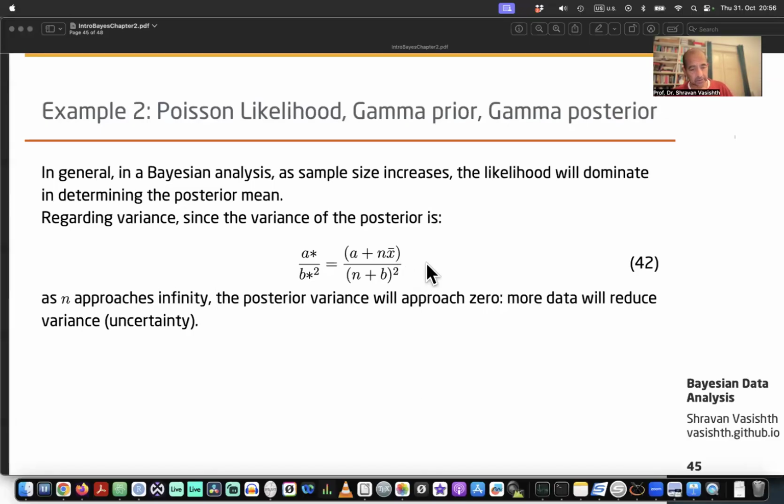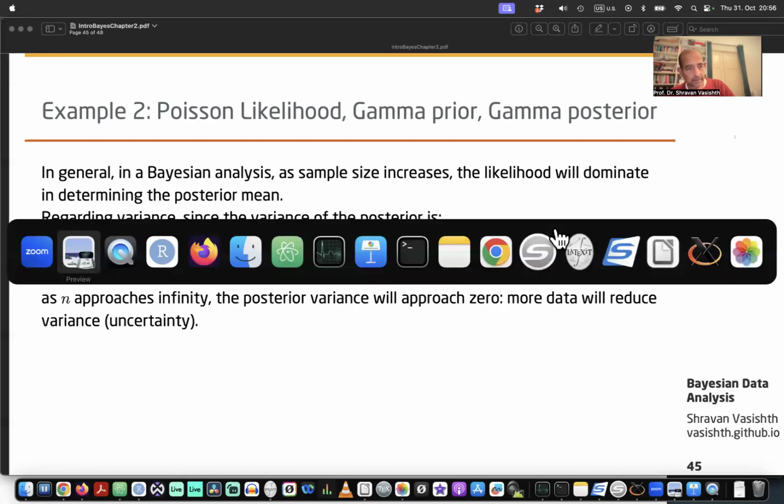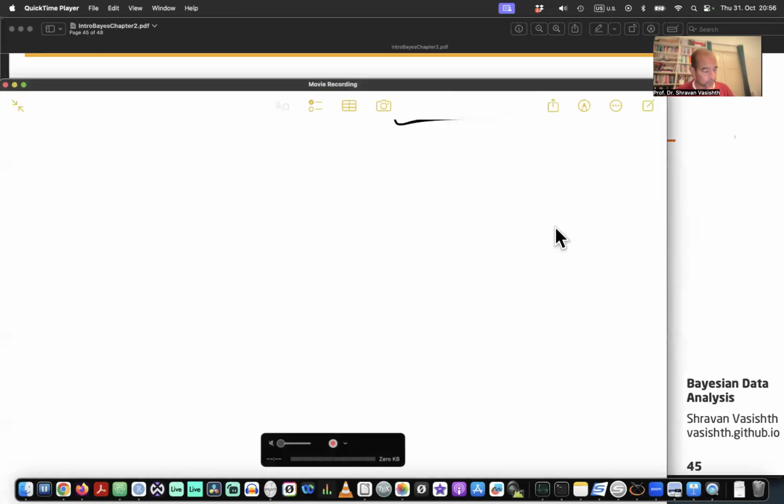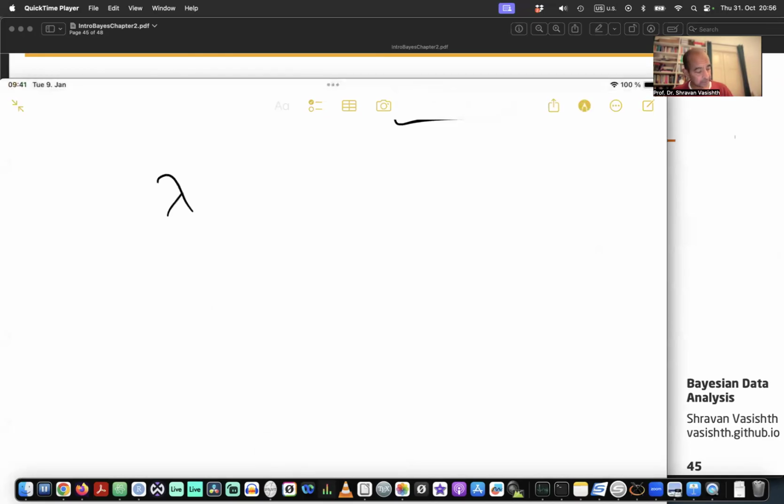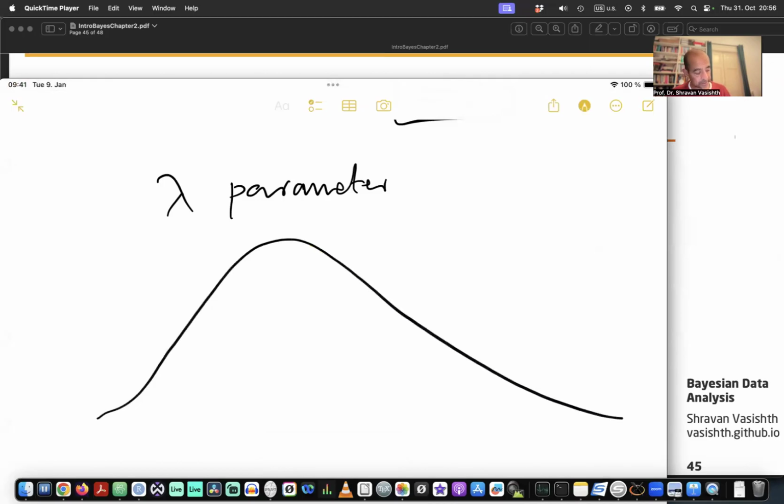The practical implication of this, let me just share my screen again, is that if you're looking to find a posterior for the lambda parameter, which is your goal in the Poisson gamma case, and you have sparse data, you may end up with a posterior distribution that's very widely spread out.